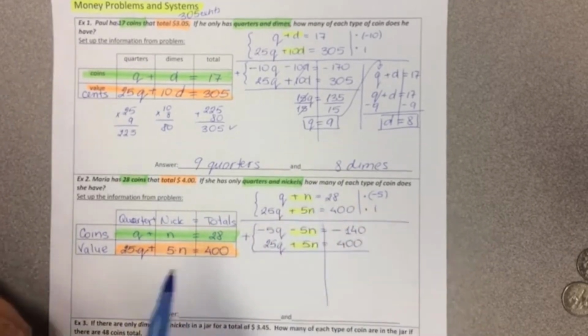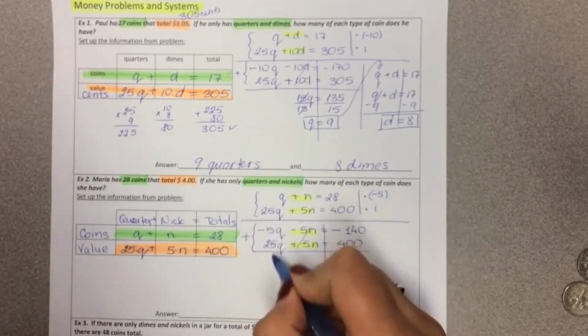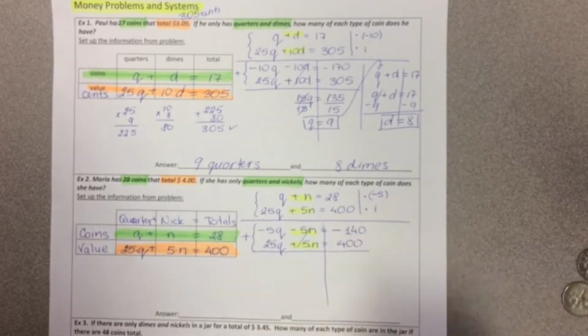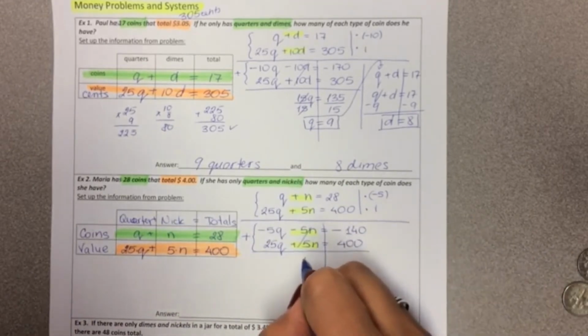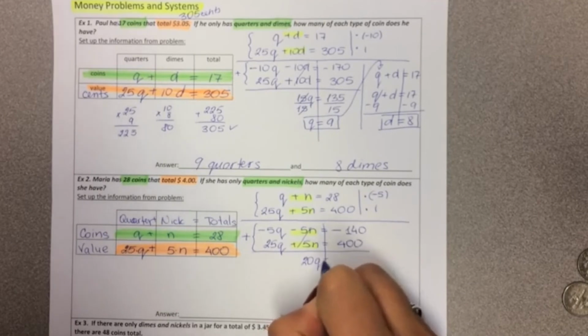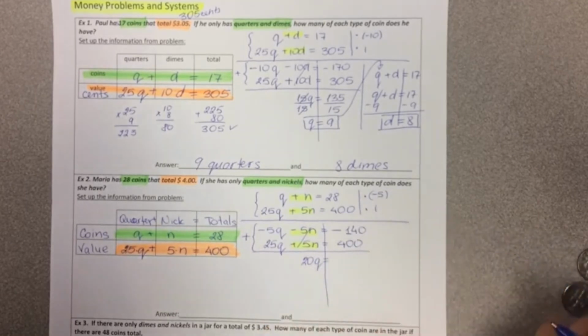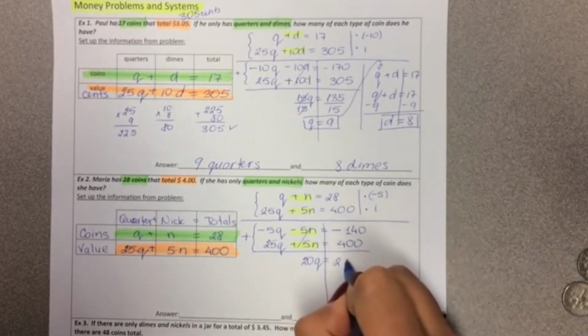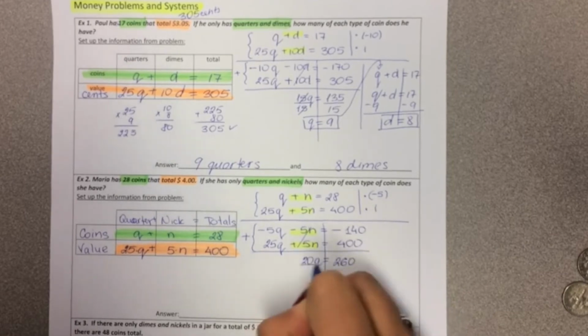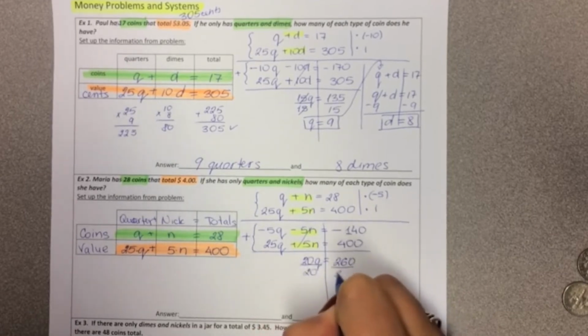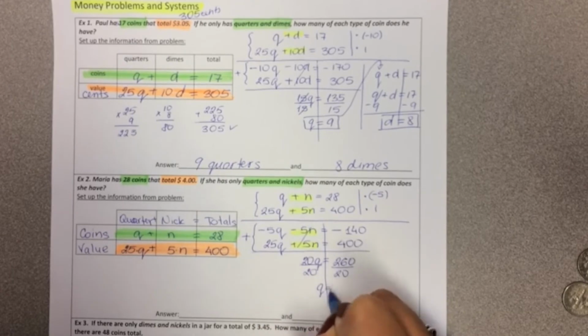So negative 5n plus 5n will eliminate for now. We combine the terms. Negative 5 plus 25 will be 20 Q, negative 140 plus 400, we need to subtract. It'll be positive 260. And dividing by 20 gives us the Q value of 13, which is 13 quarters.